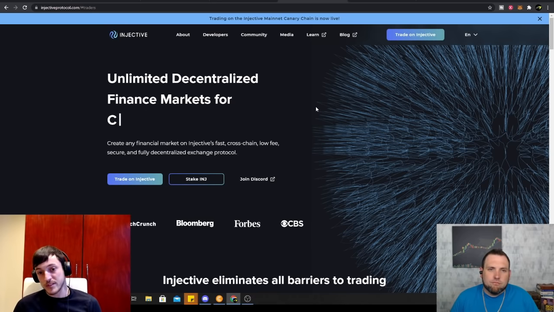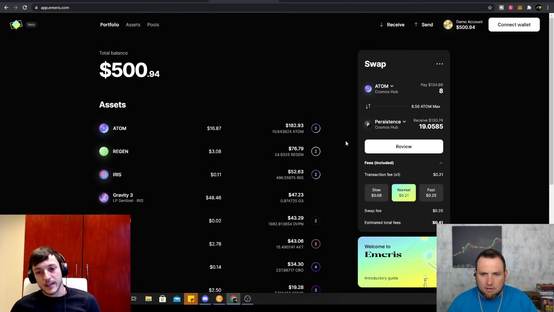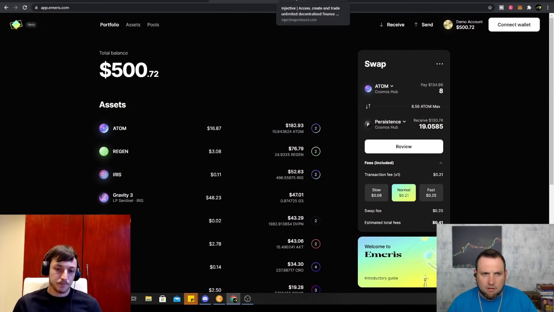But promising. Basically, it looks like it's going to be better than the Emeris Gravity Dex and all of that because it is going to have a lot more features. Yeah, it's going after a different market. I think the Gravity Dex is amazing for the Cosmos Hub and Atom.